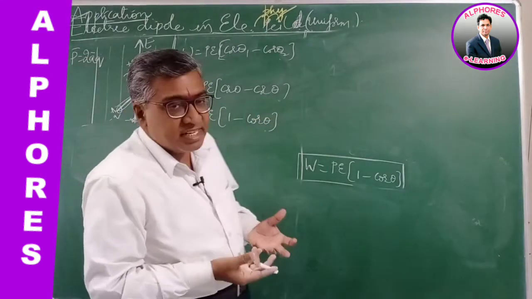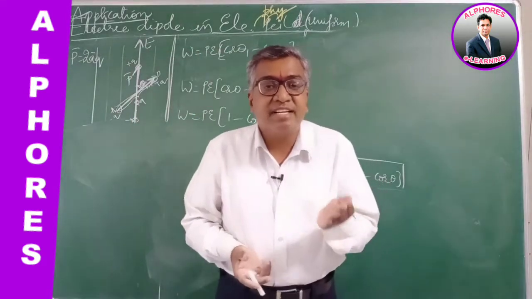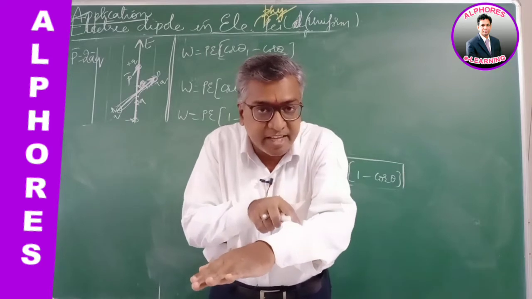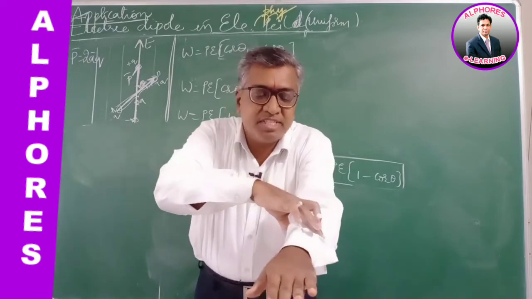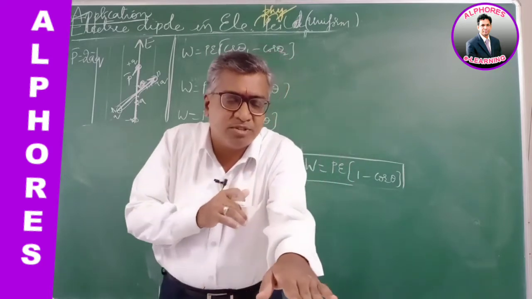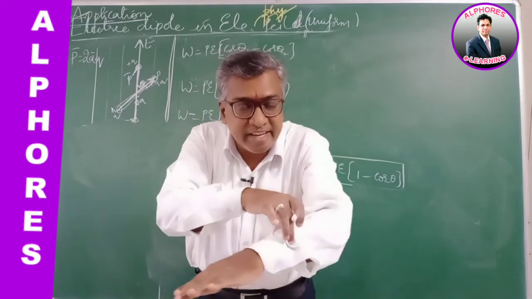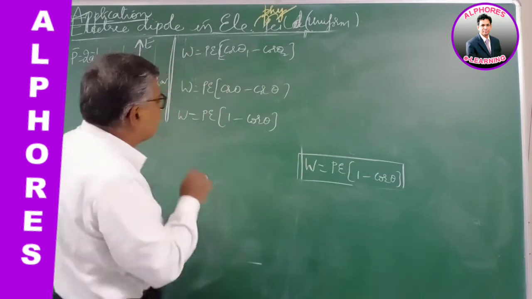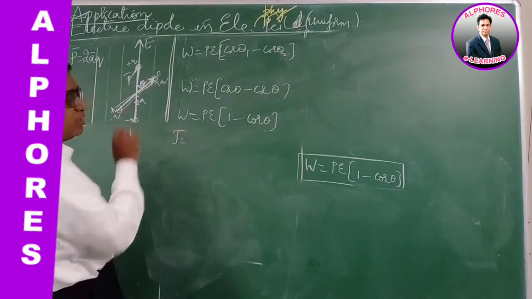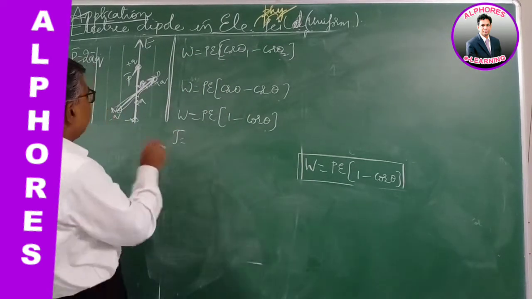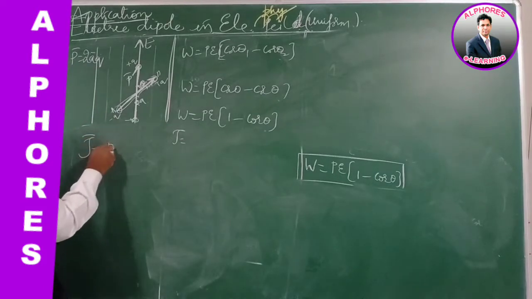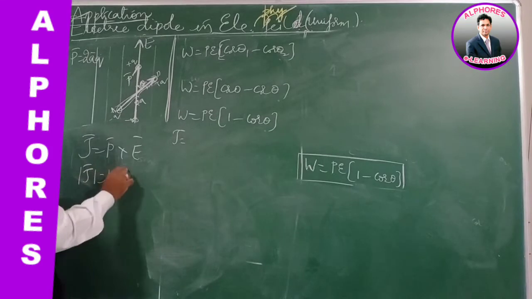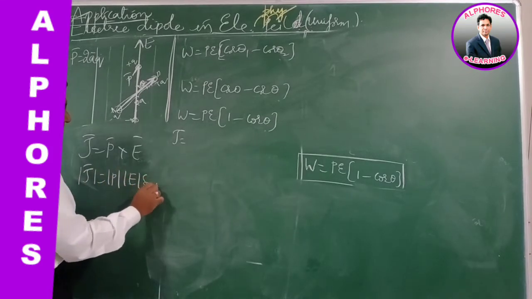Now the question is, what is the external torque required to maintain that dipole in that position? Suppose if you just turn it and leave it, it will again come back to the original position. No, you want to maintain it, so you have to apply an opposite torque to sustain. We know the torque formula is P cross E. Mod of torque is equal to mod P mod E sin theta.